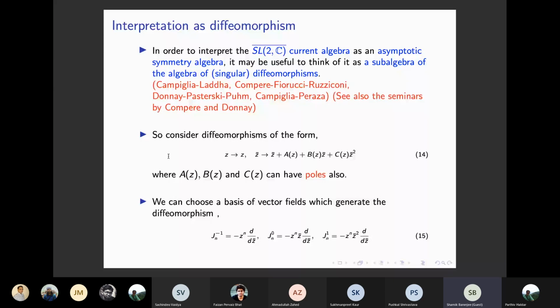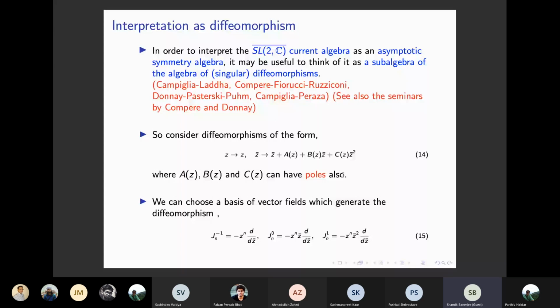So for that, let's consider diffeomorphisms of the form where z goes to z and z bar goes to z bar plus az plus bz times z bar and cz times z bar square, where these functions az, bz and cz can have poles.